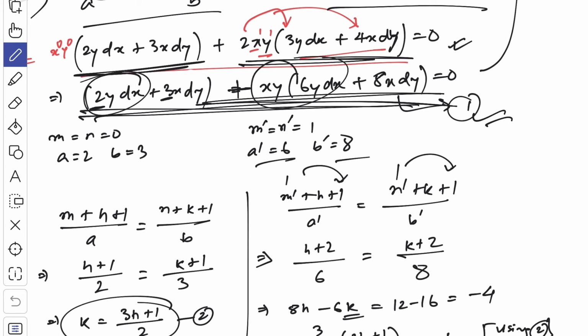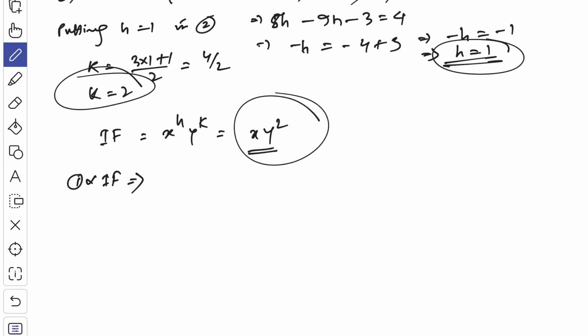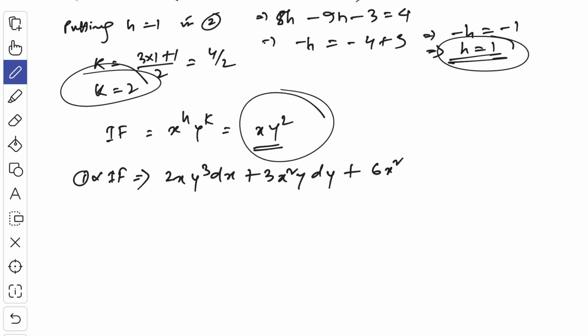So if you multiply here, here and here, then you're going to have twice x y cube dx plus thrice x square y dy, then you get 6 x square y to the power 4 dx, then 8 x cube y cube dy. That's what you will get, equal to 0.